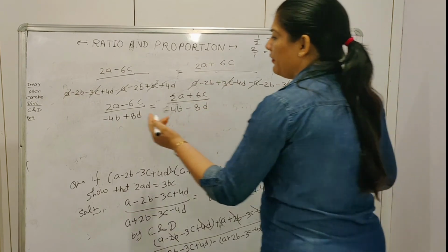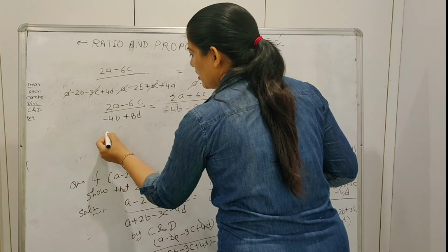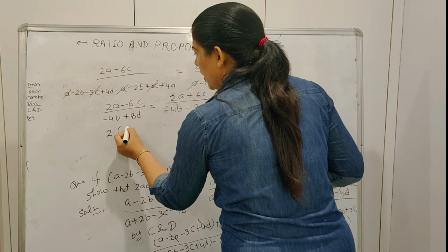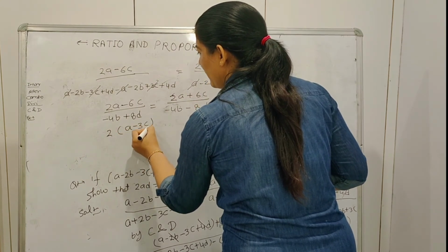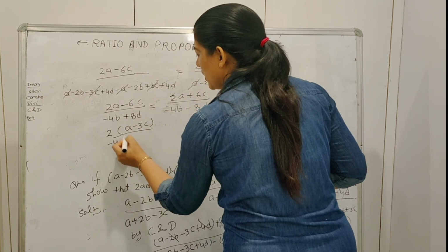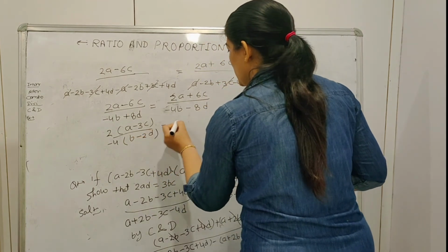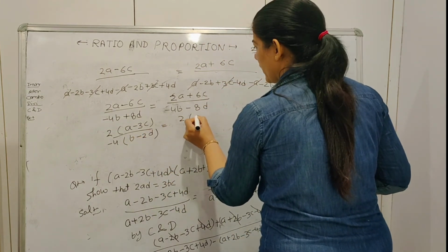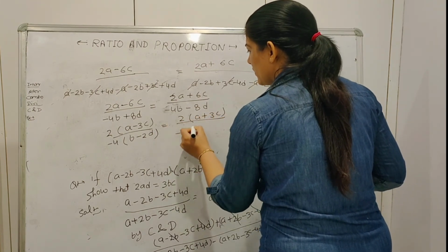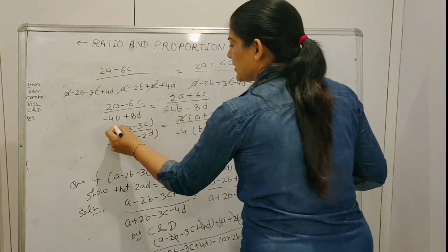To simplify it, you can see here 2 is common and 4 is common, so it is your choice. Take 2 common, and I have here a minus 3c, and take 4 or minus 4 common, it gives us b minus 2d is equal to 2a plus 3c divided by, take minus 4 common, b plus 2d, and this is cancelled by this, and this is cancelled by this.